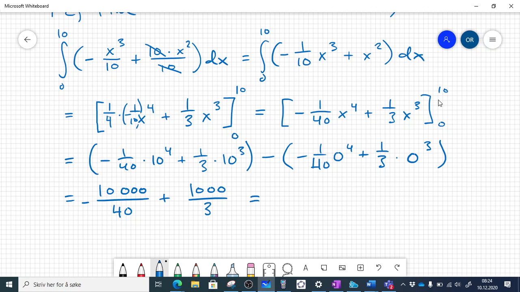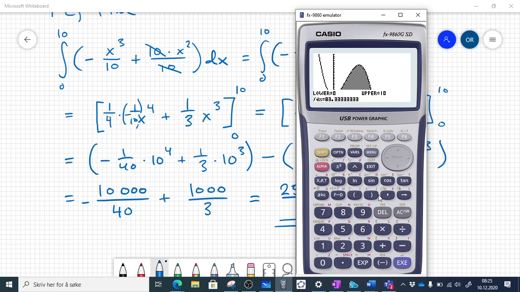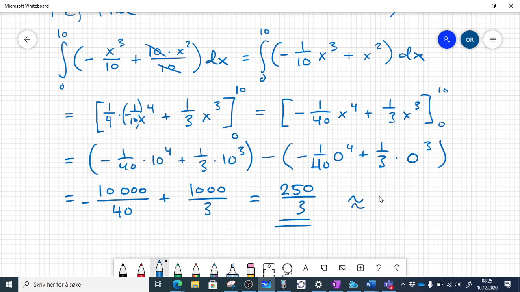That's going to work out to be 250 divided by 3, which is approximately 83.3. But this is an exact answer, and that's what the task asks for as well. Find the exact value of A, so find the exact area.